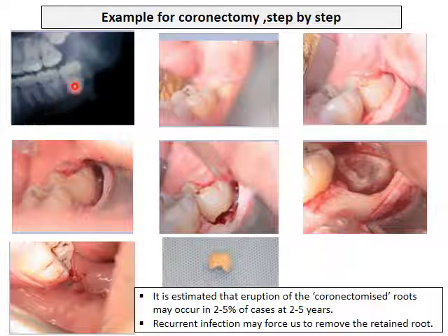This is coronectomy. It is estimated that eruption of the coronectomized root may occur in 2 to 5% of cases after 2 to 5 years. These are academic studies. After 2 to 5 years there may be over eruption, and then the extraction becomes easy without risk to the inferior dental nerve.